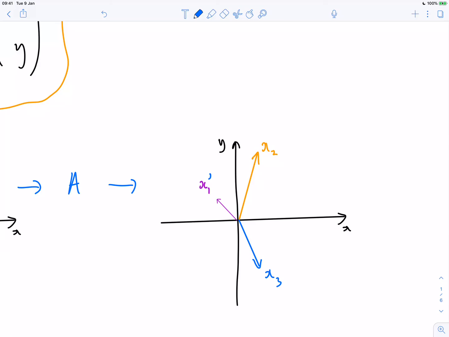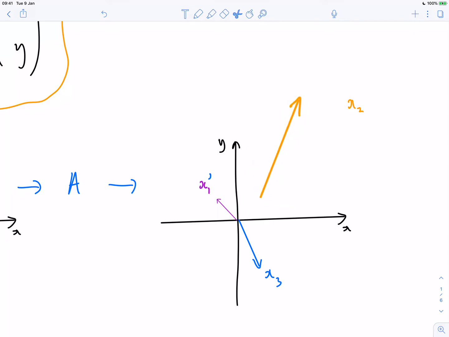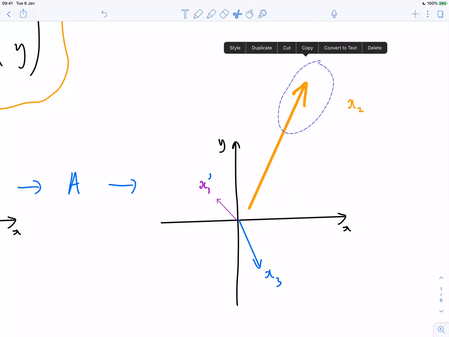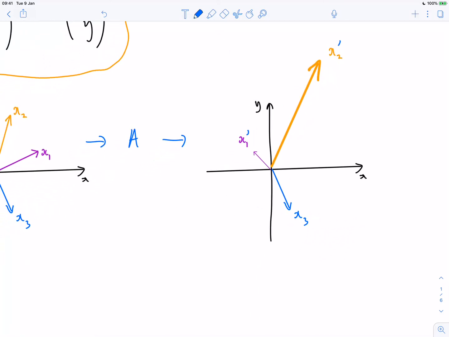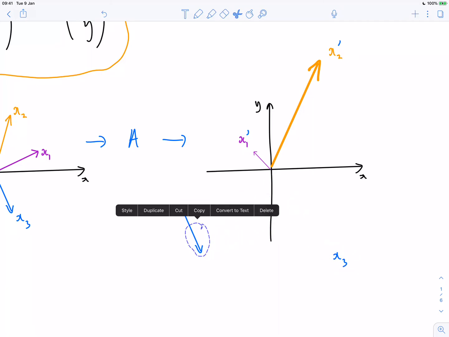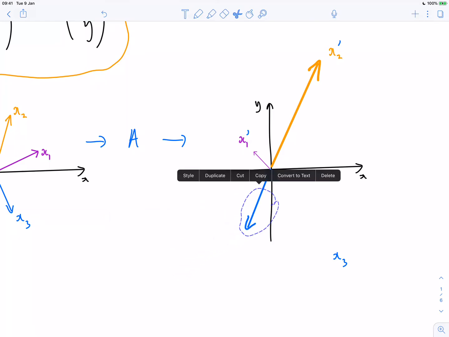Let's say x2 stays exactly the same direction but just gets longer. So we'll call this x2 prime. And then let's say with x3, I don't know, it rotates and maybe goes a bit longer as well. So now x3 goes like this.